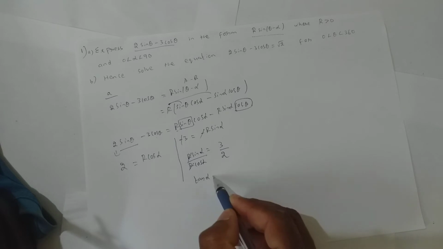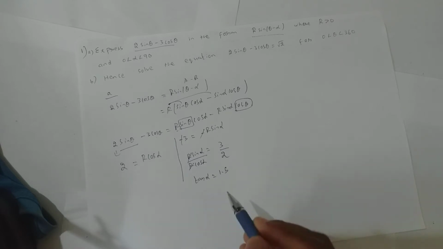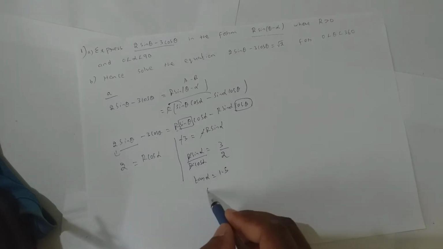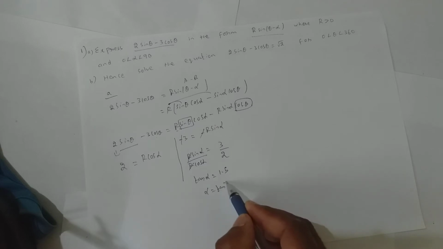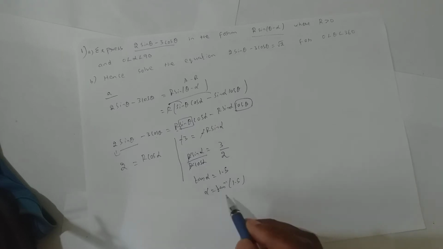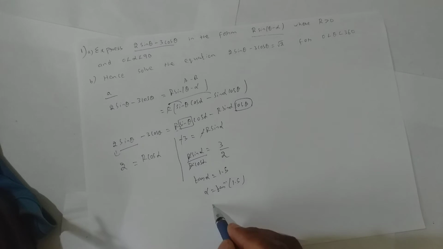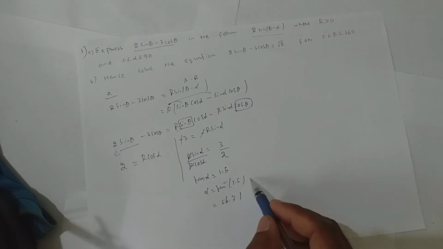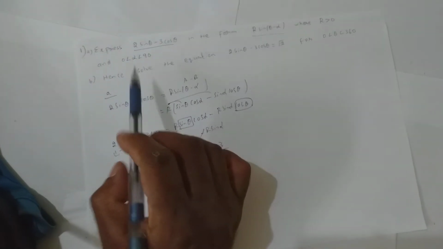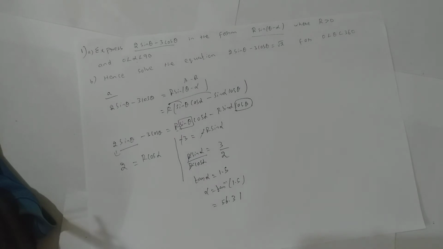Tan alpha equal to 3 by 2, which is 1.5. So alpha equals tan inverse of 1.5, which I get as 56.31. I will get another value for alpha also, but the question said alpha should be between 0 and 90. That's why I considered only one value for alpha.